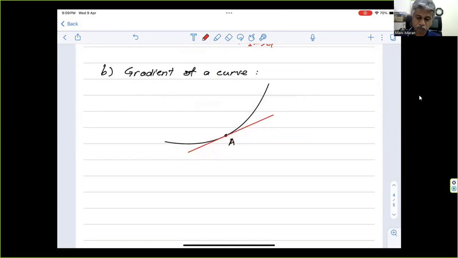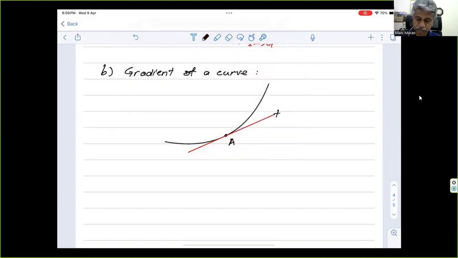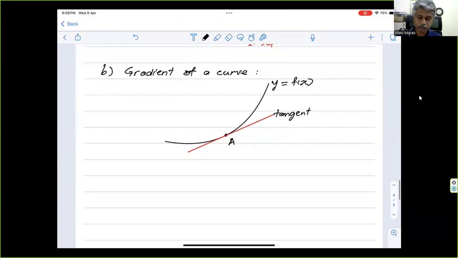So we are going to find the gradient of the tangent. This will be the tangent, and this curve has a function y is equal to f of x. It can be any function. So what is the meaning of tangent?